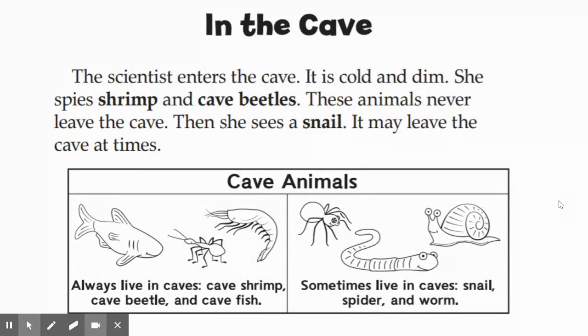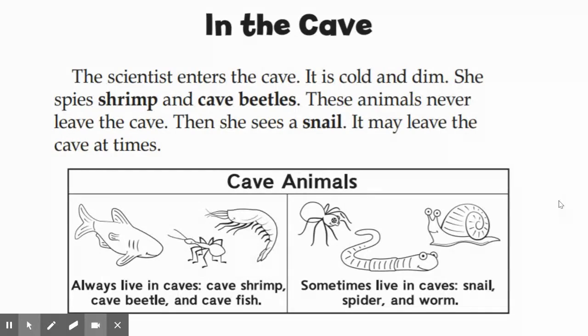Those are 3 types of animals that always live in the caves. On the other side of our table, it says sometimes live in caves. Snail, spider, and worm. So sometimes those animals live in the cave, but other times they leave the cave.